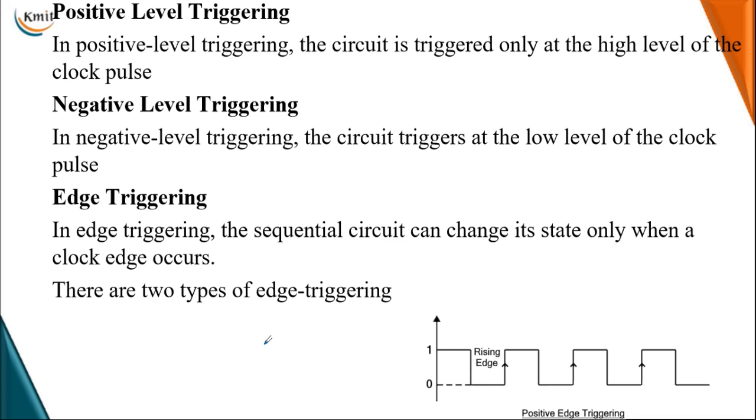Next, based on the rising edge or falling edge of the clock, edge triggering is again classified into two categories: negative edge triggering and positive edge triggering.